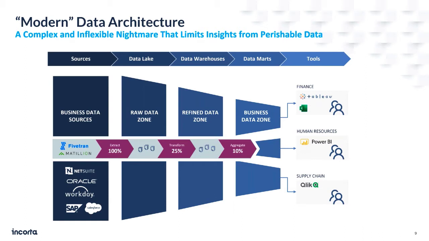You might get close to 100% of that using your standard ETL tools, your Fivetrans, Matillions, et cetera. But then to get it to the next level so it can perform, you end up getting about 25% of that data down into your data warehouse, because another copy is made, and each functional business area often has its own chunk of the data warehouse.